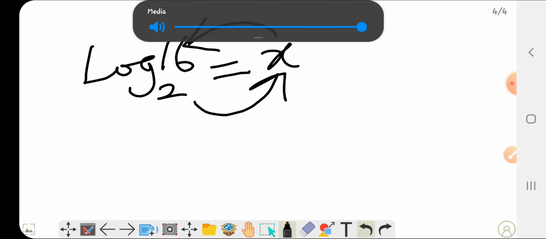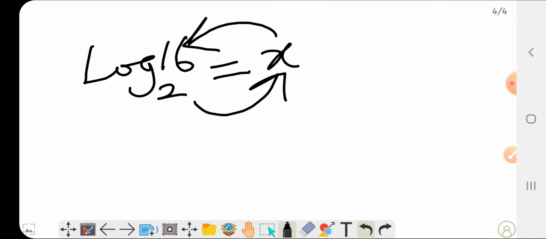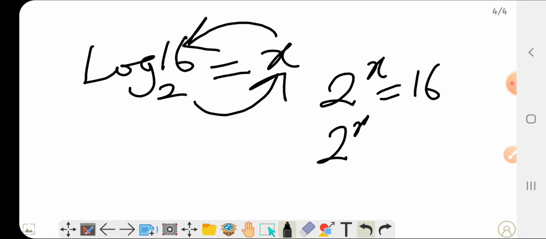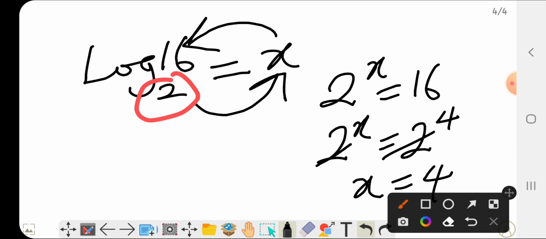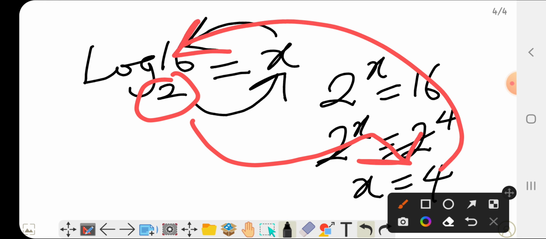That's the ultimate rule here. Then write it out: 2 raised to power x equals 16. Then you have 2 raised to power x equals 2 raised to power 4. Then 2 cancels 2, and you have x equals 4.